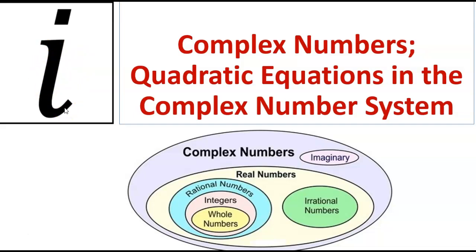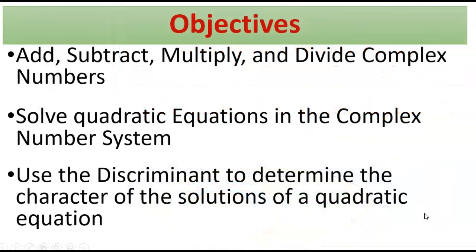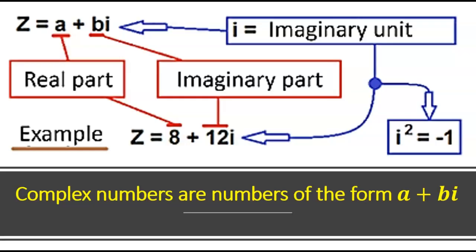We're going to add, subtract, divide, and multiply imaginary numbers, and then solve quadratic equations involving them. We're also going to use the discriminant to determine the character of the solutions of a quadratic equation: no real solutions, two real solutions, or imaginary solutions.